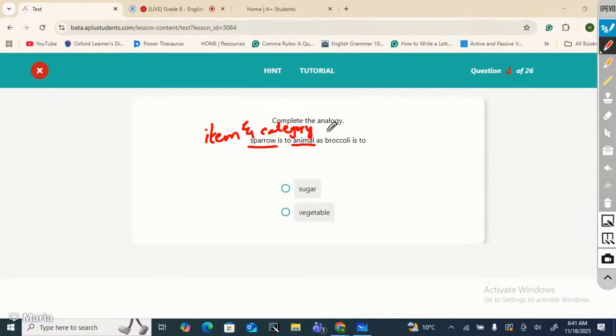Item and category. Sparrow is an item of this category. Broccoli is the item. If broccoli is the item, what is the category? Sugar or vegetable? Broccoli is the name of a vegetable. So vegetable is the answer.